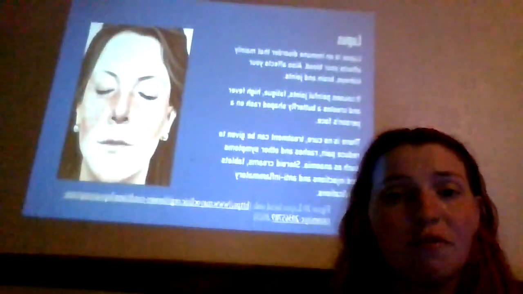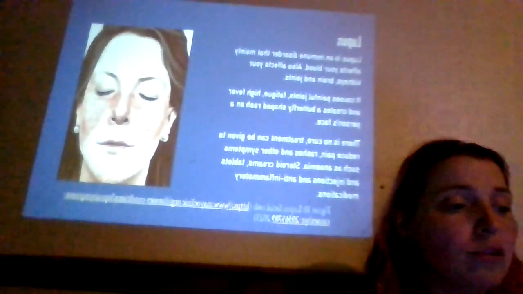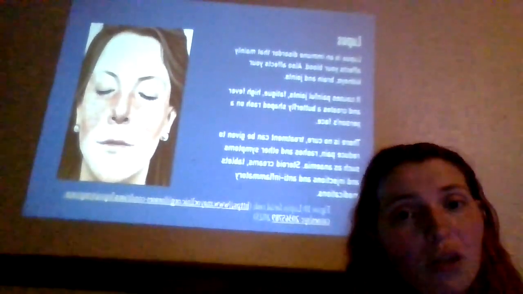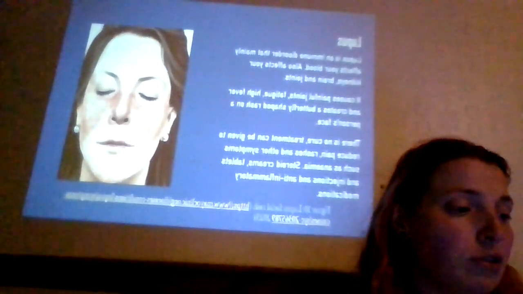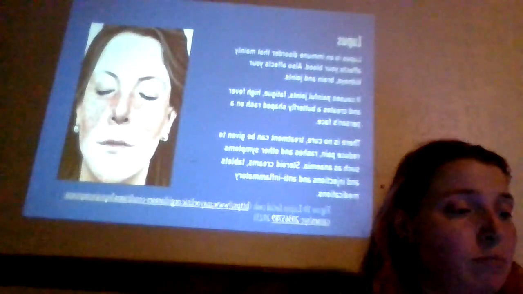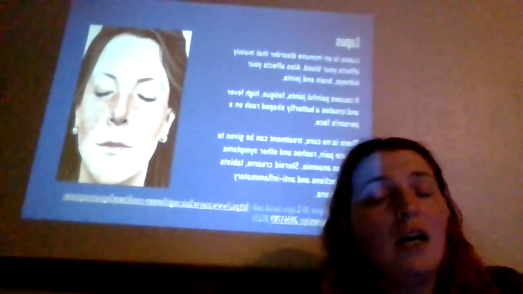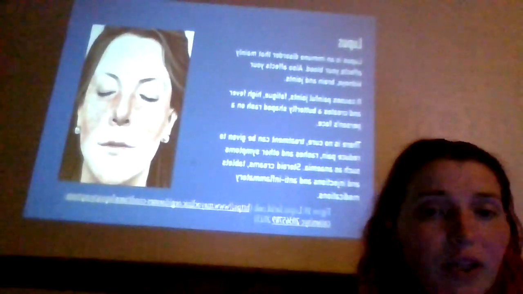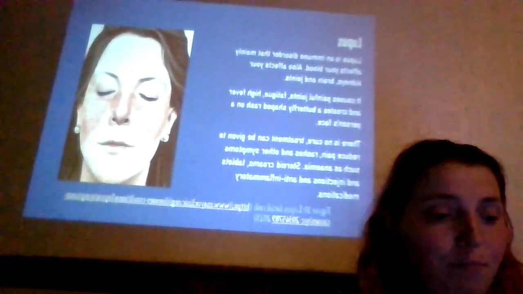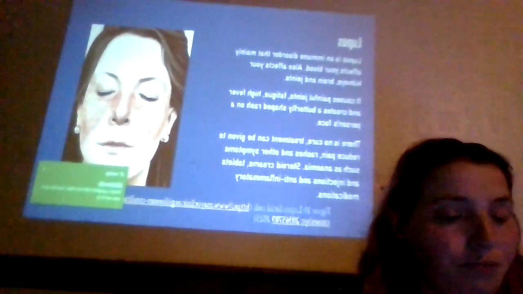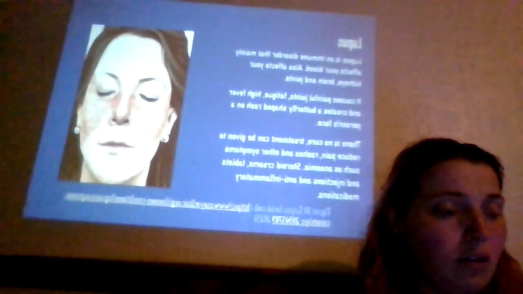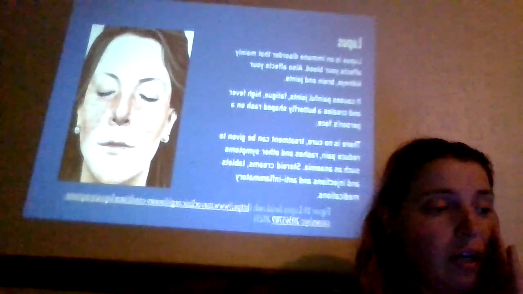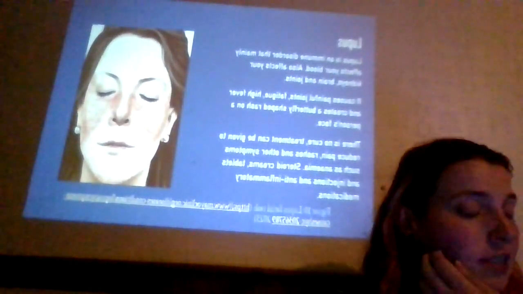You also have lupus. Lupus is a very severe immune system disorder that mainly affects your blood, your kidneys and your joints. It can cause very painful limbs. You can become very tired. You can get a very serious rash across your face.